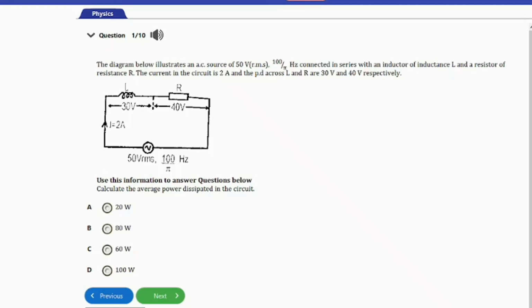Use this information to answer the questions below. Calculate the average power dissipated in the circuit.